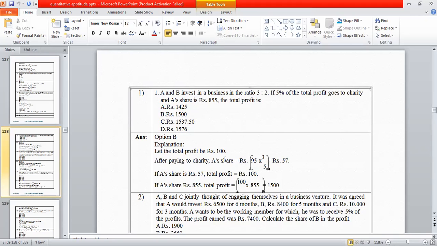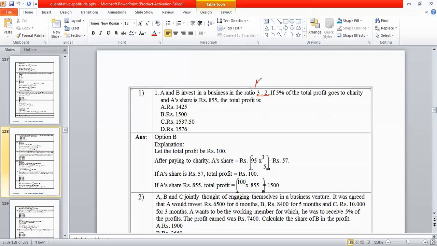Now consider the profit. Let us consider the total profit will be rupees 100. If 5% of the total profit goes to charity, चॅरिटीला किती पर्सेंट गेलेला आहे? 5%. आणि A चा शेअर किती आहे? 855. सो फर्स्ट कॅल्क्युलेट दॅट A शेअर आफ्टर पेइंग द चॅरिटी. रेशो दिलेला आहे 3:2.